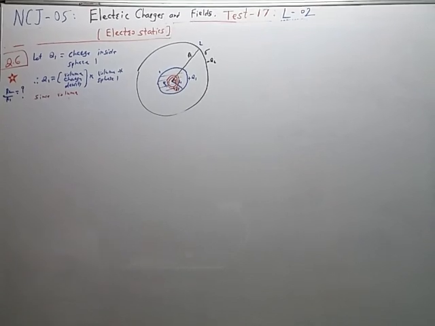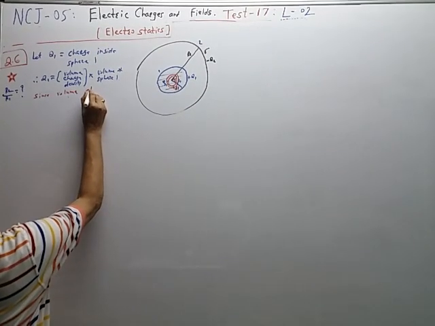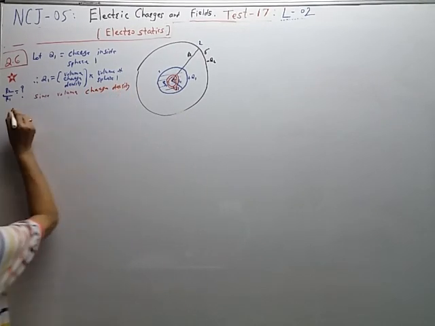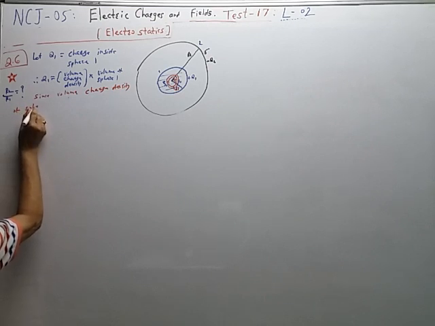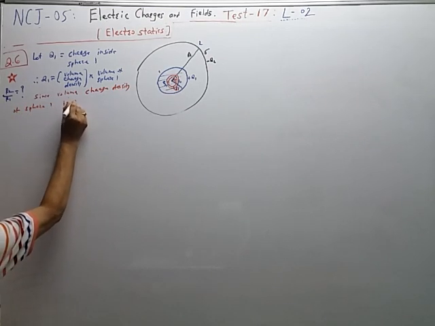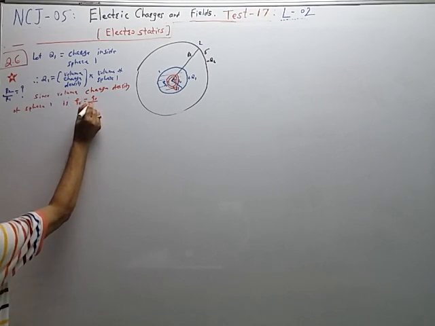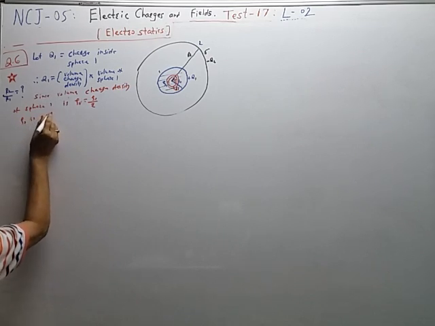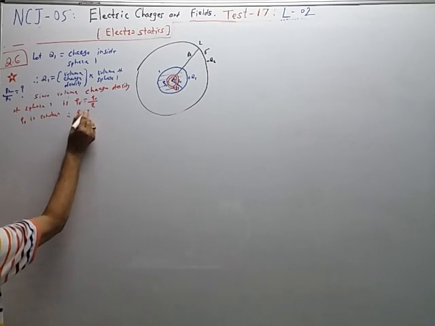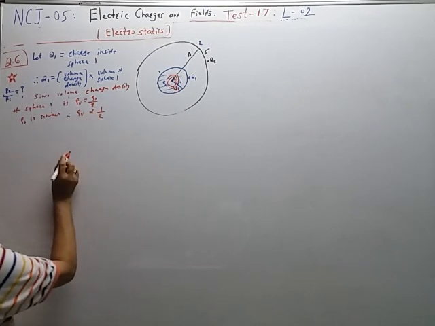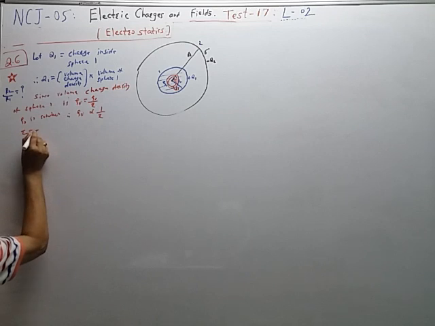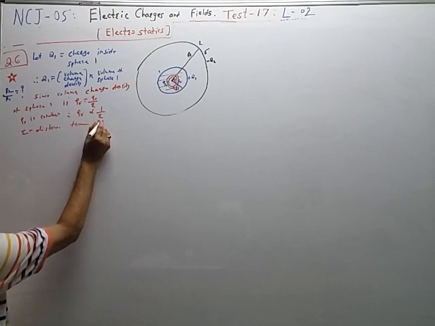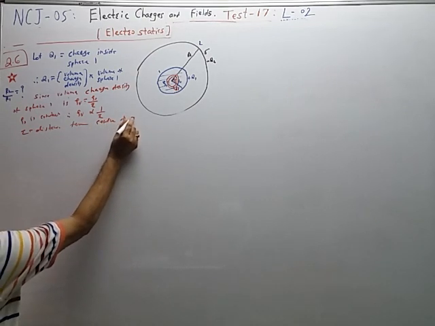Since volume charge density of sphere 1 is rho v is equal to rho 0 by r, and rho 0 is constant, therefore rho v is inversely proportional to r. R is distance from center of the sphere.